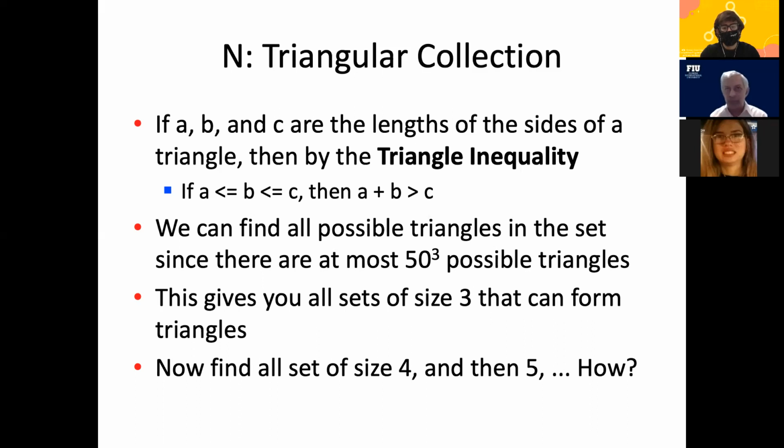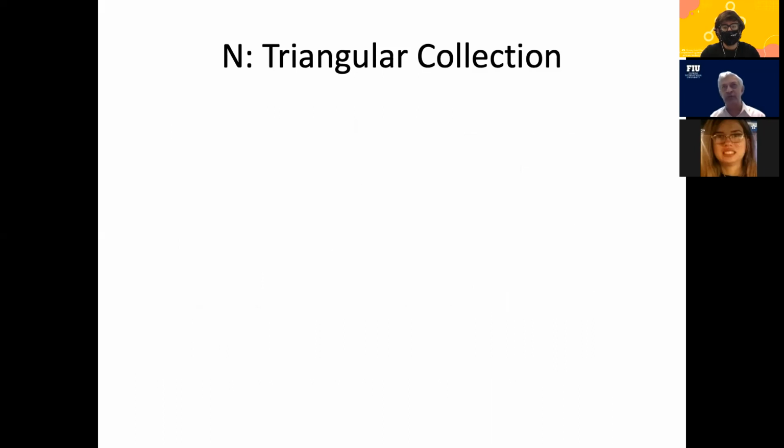And there is a problem with this. If you were to do it this way, things will very quickly get out of hand for the last step, for the last bullet. The reason is that the number of sets is actually very, very large.